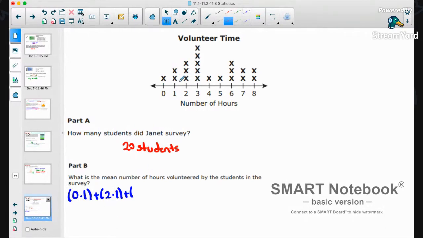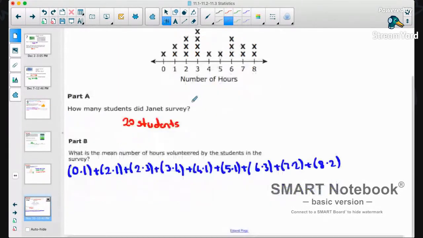We are going to find there are 3 students volunteered 2 hours, and 4 students volunteered 3 hours, 1 student volunteered 4 hours, and 1 student volunteered 5 hours, and 2 students volunteered 7 hours, and 2 students volunteered 8 hours.